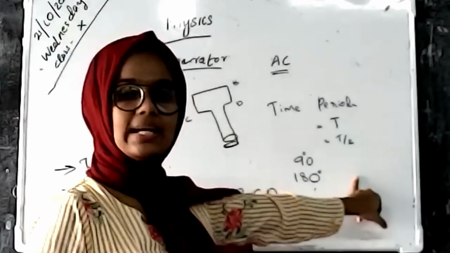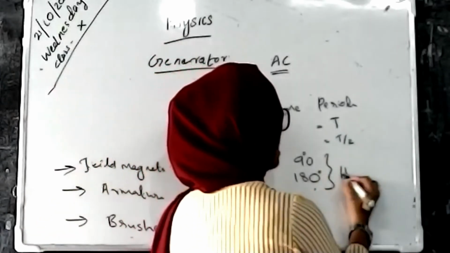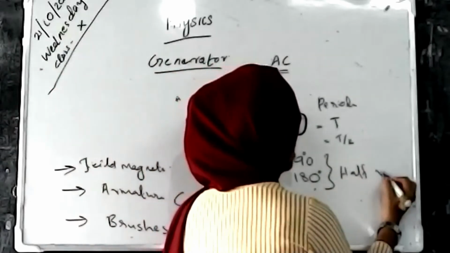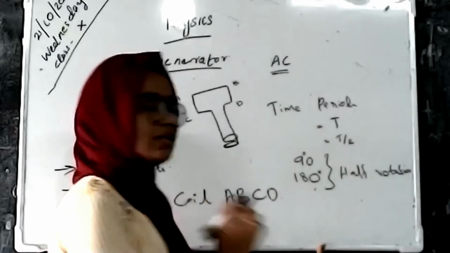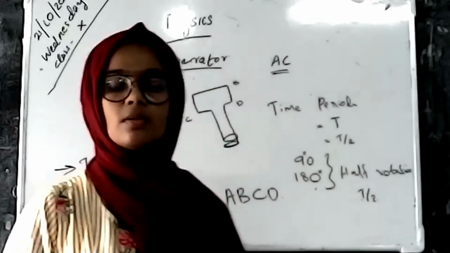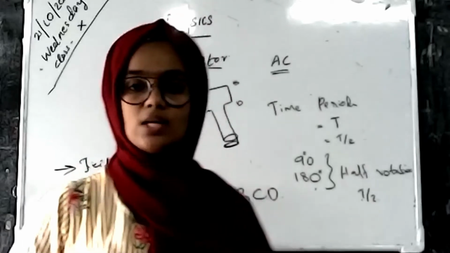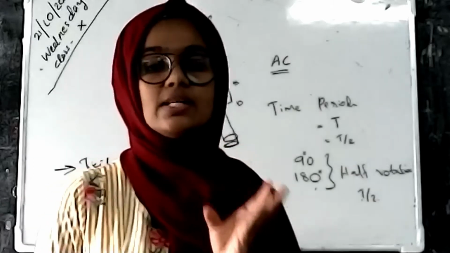When completing a 180 degree angle, the generator completes a half rotation. The time taken for that half rotation is T by 2. And in this rotation, first of all, the ABCD coil turns 90 degrees.